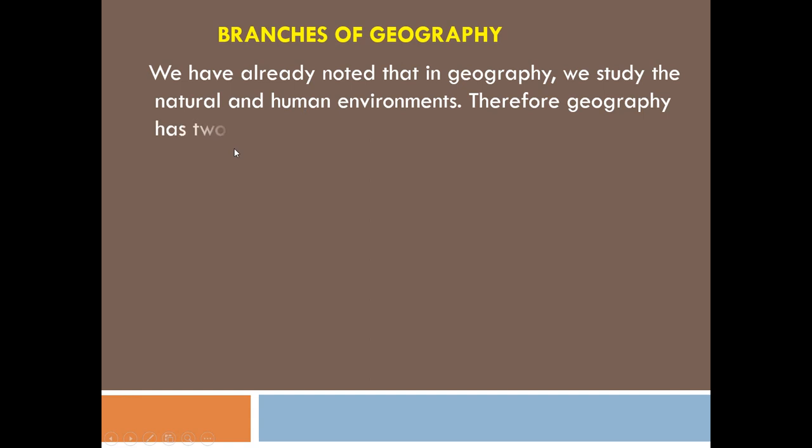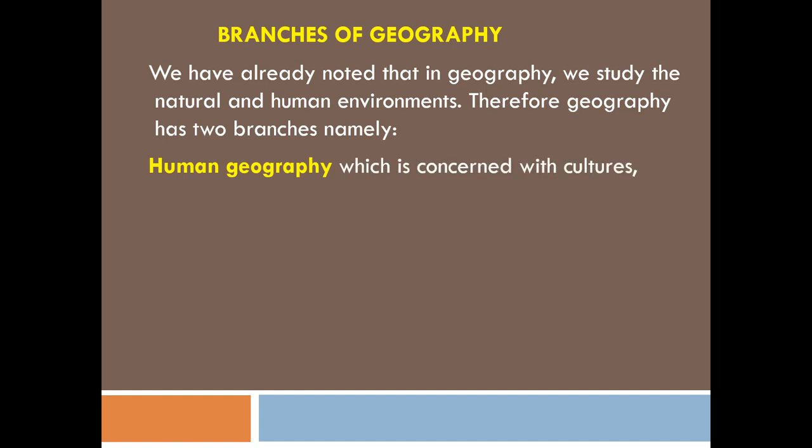Therefore, geography has two branches. One, human geography, which is mainly concerned with cultures, the culture of people. In some areas we have nomads, in other areas we have hunters, so those are cultural aspects. Then we have economies.